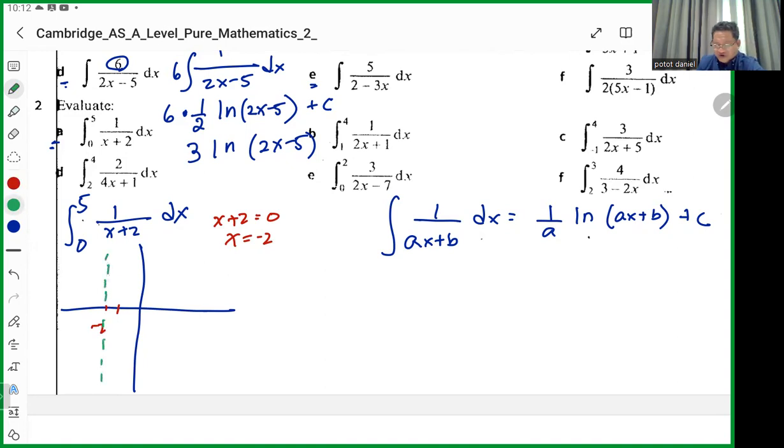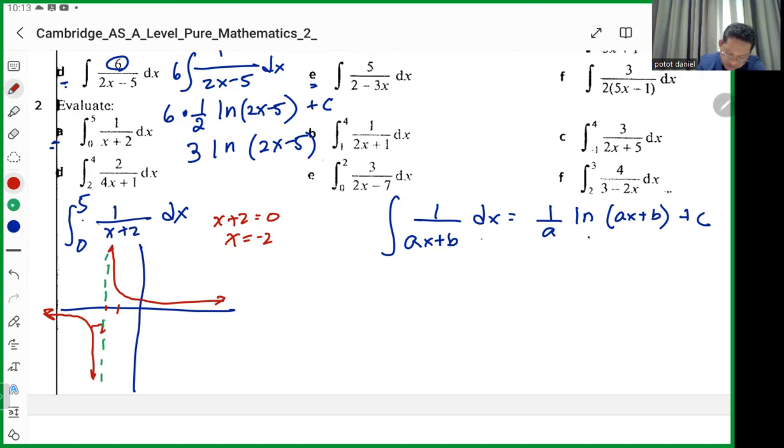The graph will not touch that line, and this is going to be the graph. It will never touch the x-axis. And it's from 0 to 5.